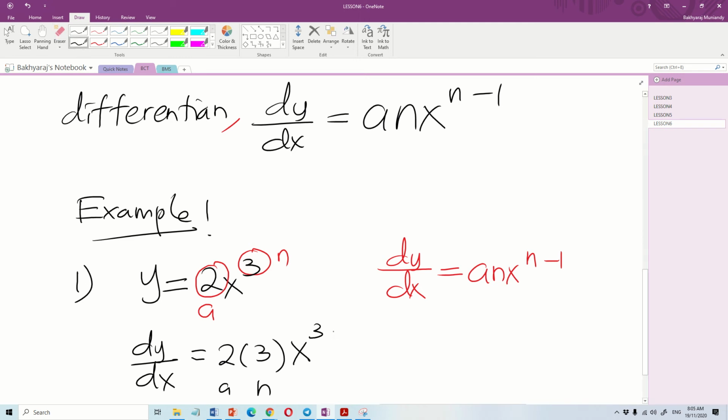Power dia kena tolak 1. So 3 minus 1. So what is our answer? 3 times 2 equals 6. So kita akan dapat 6x^2. So inilah jawapan kita. Okay, 6x^2.